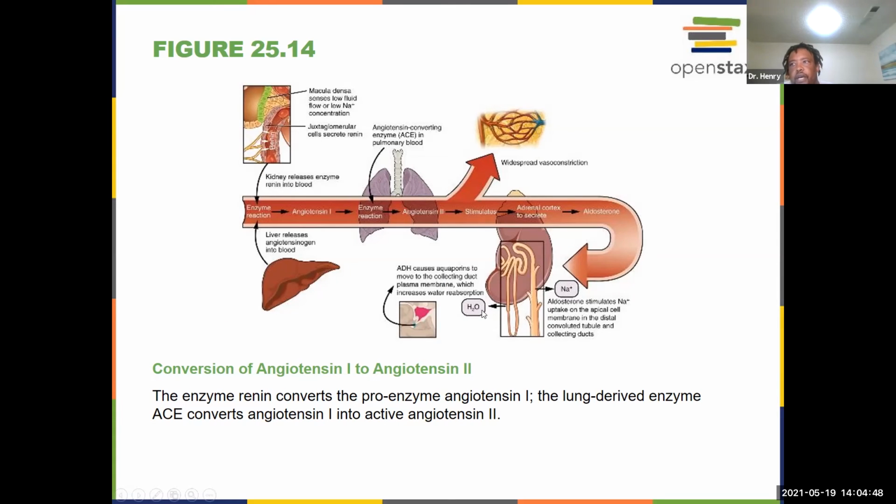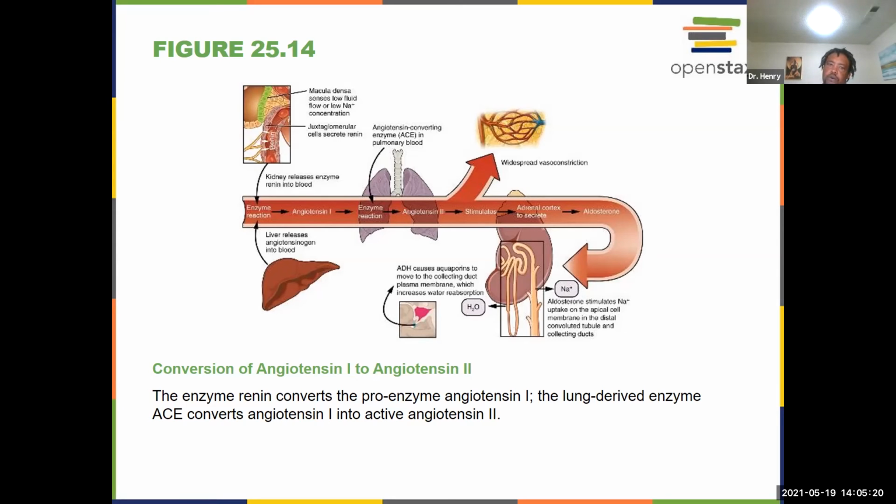We're also going to get ADH, which is going to cause your aquaporins to move to the plasma membrane of the collecting ducts, so that you increase water being reabsorbed. We're going to allow more water to be reabsorbed in the nephron of the kidneys.